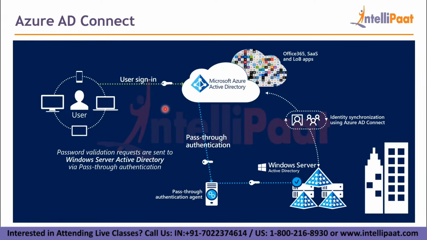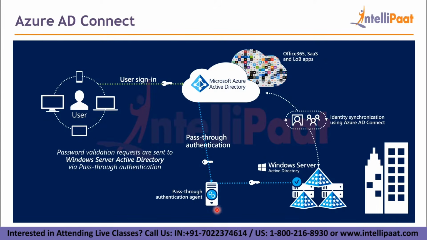Pass-through authentication: you have your user who signs into the Azure Active Directory. Once the user signs in, they can access all the SaaS applications, for example Office 365, and then using pass-through authentication and the authentication agent which is running on the Windows server in your on-premises infrastructure. On the on-premises infrastructure, you also have your Active Directory.